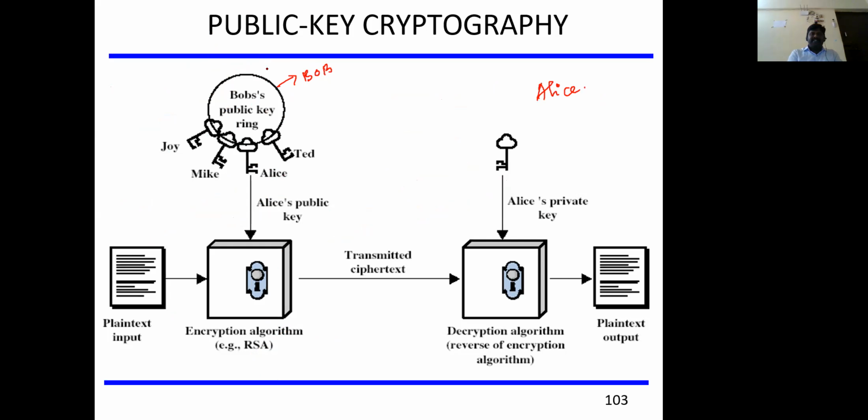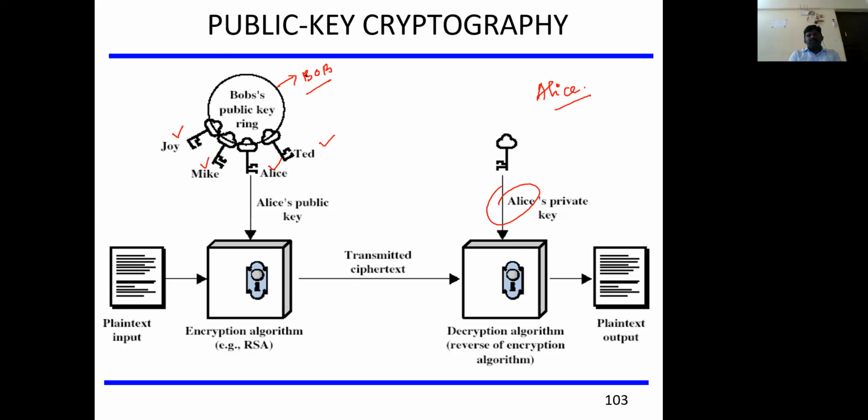Here you can see Bob's public key ring. He has the public keys of Joy, Mike, Alice, and Ted. Suppose Bob wants to send a public key encrypted message to Alice. Bob is the sender and Alice is the receiver.